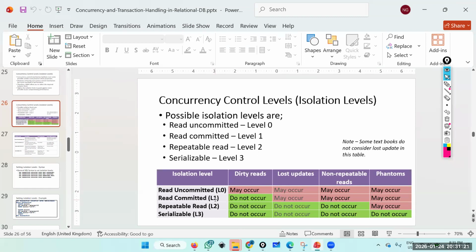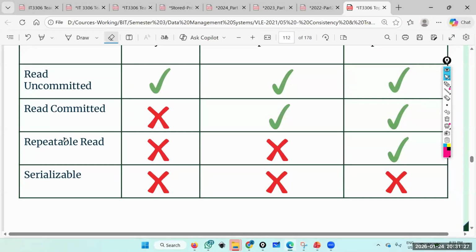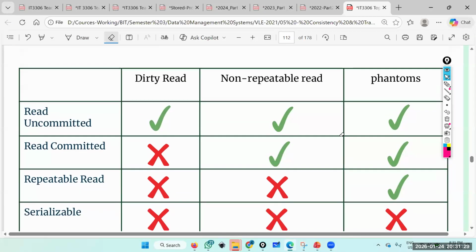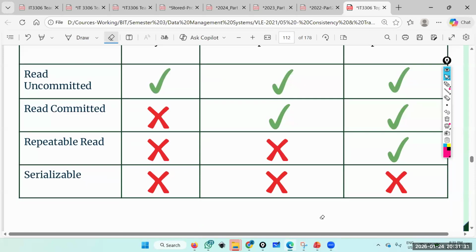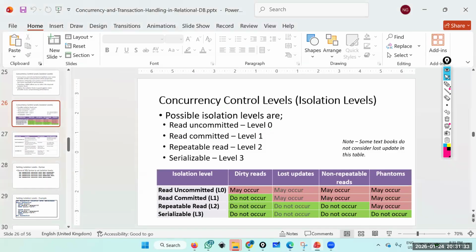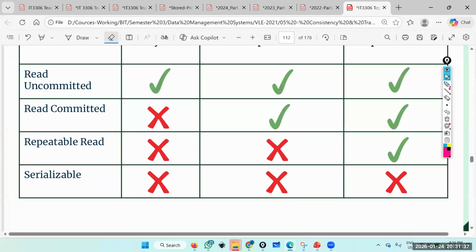Right, read committed, only dirty reads don't happen, right? Repeatable read, there is a small difference here. Yeah, repeatable read only phantom can happen, correct?